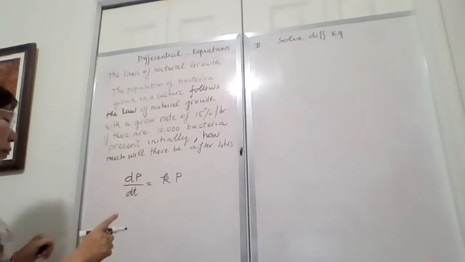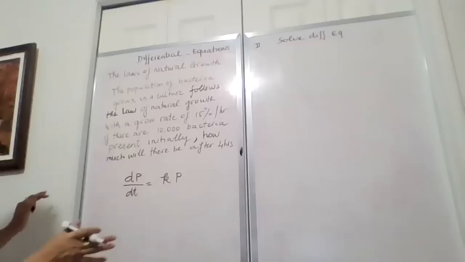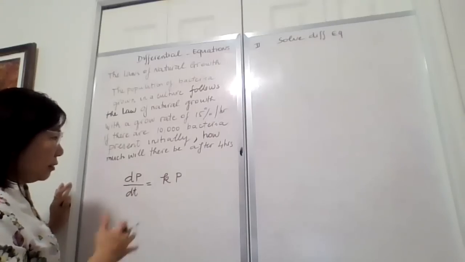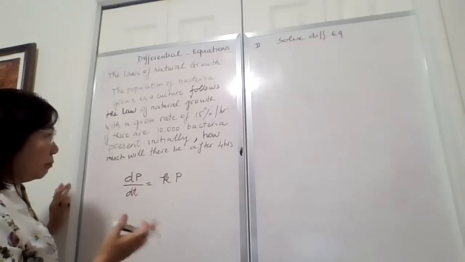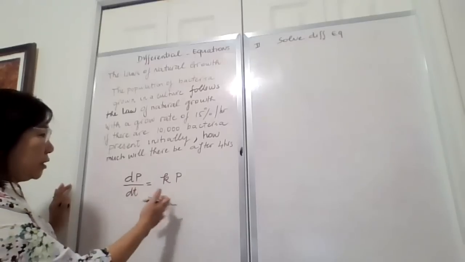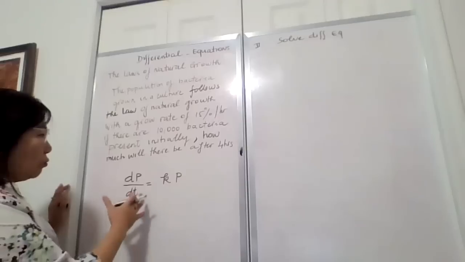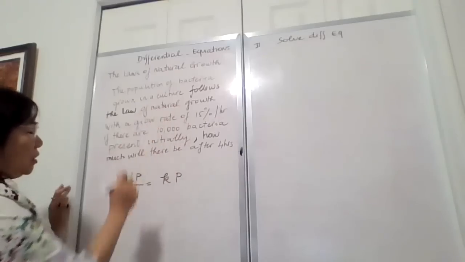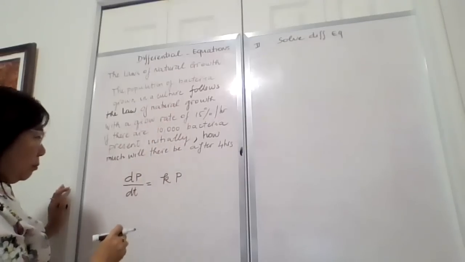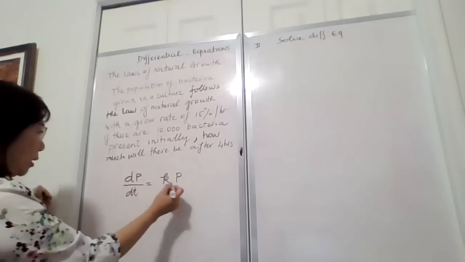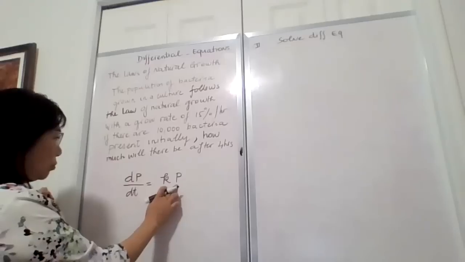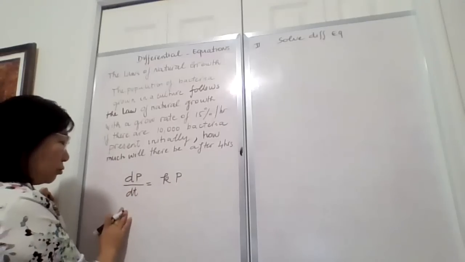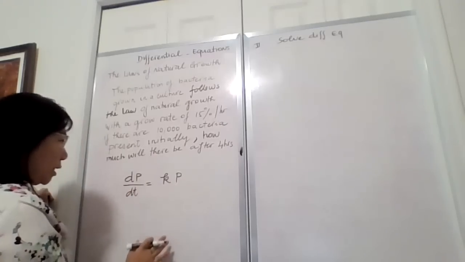Now, last week we learned about the antiderivative, and this week we learned about the differential equation. This is the differential equation. So we are solving this differential equation right now to apply to this word problem. Again, we bring the P together with the P, same like we bring the y together and the x on the other side, right?